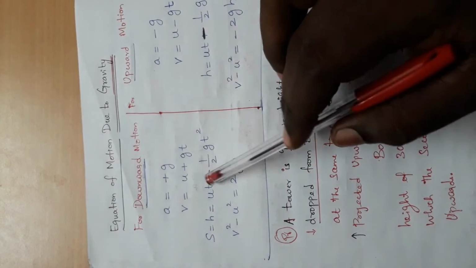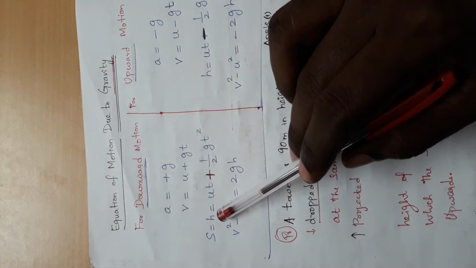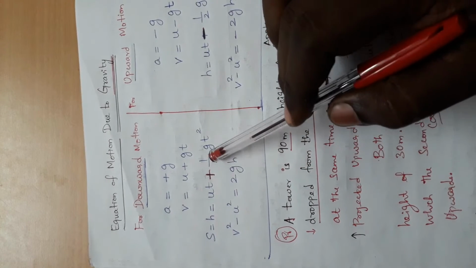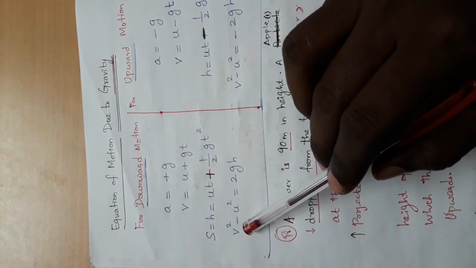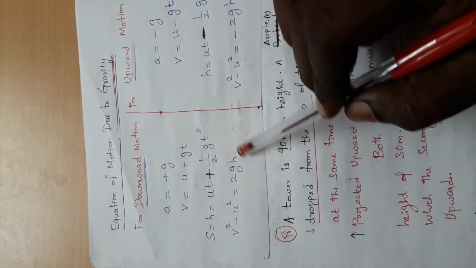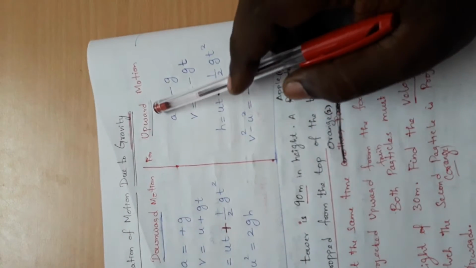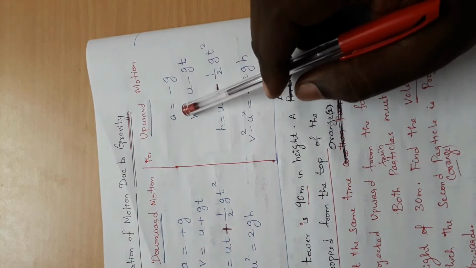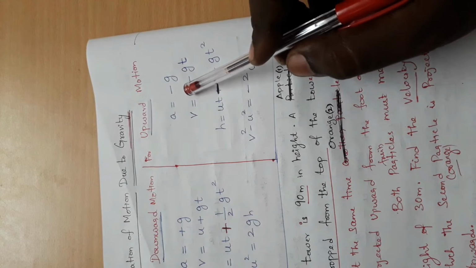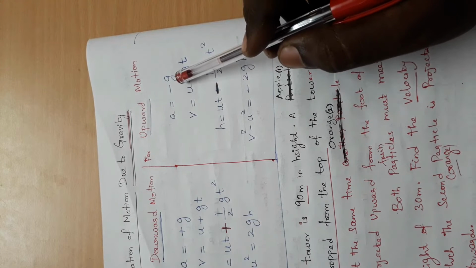So for an object moving down we use the formula h is equal to ut plus half gt square. Instead of a we are using g. Then v square minus u square is equal to 2gh. For upward motion, when we throw an object upward, a is equal to minus g. Why are we getting minus g?